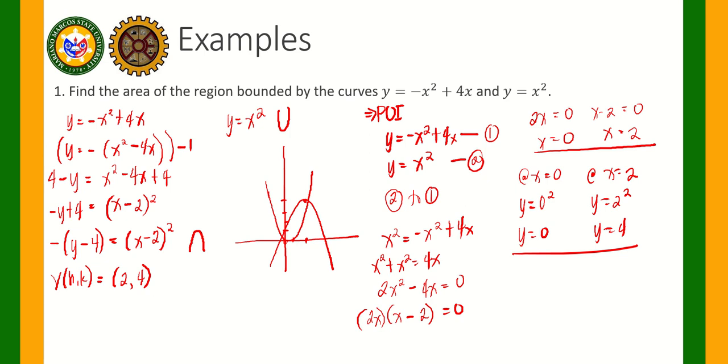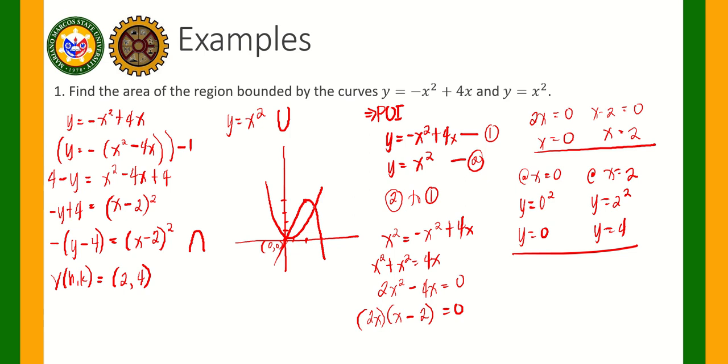So, ito yung points. So, for example, this is 0, 0. Mali yung curve natin na nasulat. Dito dapat. Okay. So, ito yung point of intersection nila which is 0, 0. And yung isang points is 2 and 4.